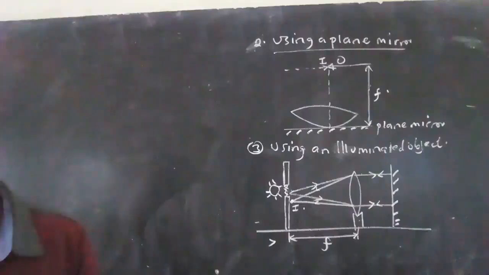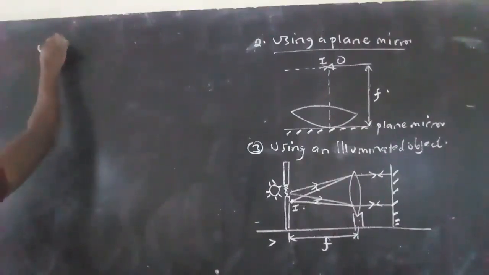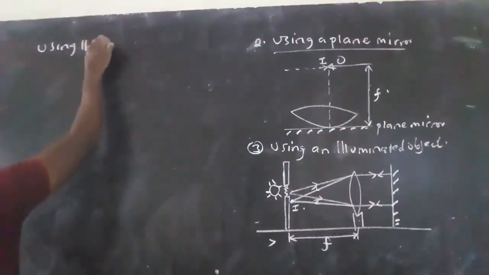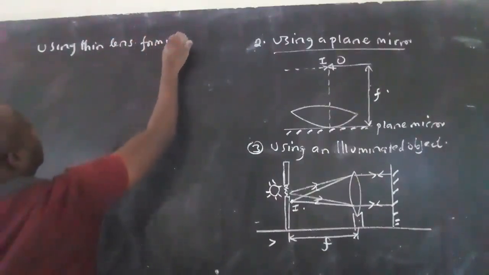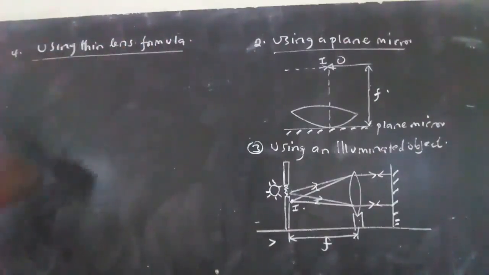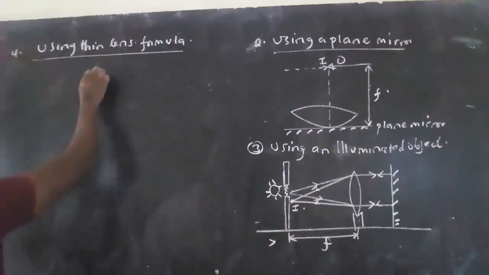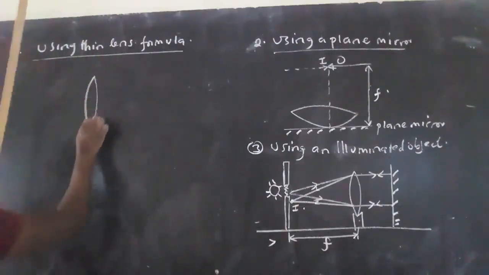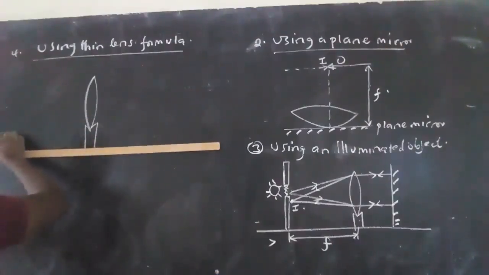Then we shall have another one, number four, using the thin lens formula. So we shall have, let me say here, this mounted in the lens holder. This is a table.